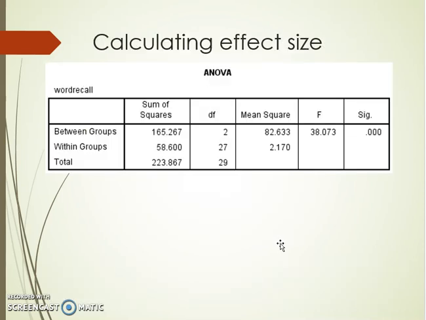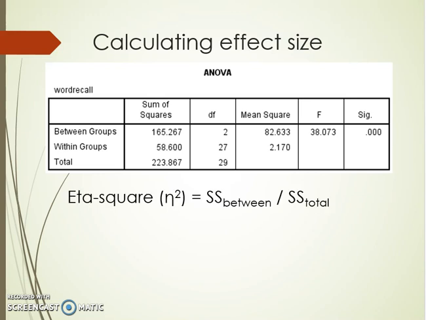So the last thing we're going to look at, or the second to last thing, is how to calculate effect size. So recall from our previous videos we talked about eta squared, and so recall that eta squared is sum of squares between divided by sum of squares total. So here's the sum of squares between, here's sum of squares total.